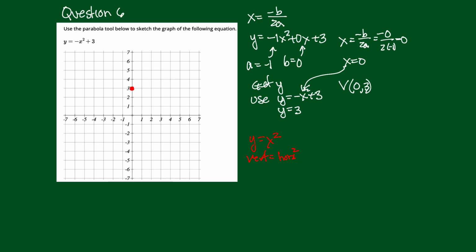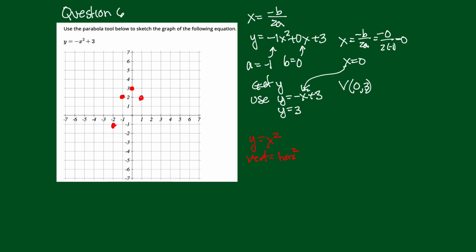So over here on my graph now, if I move horizontally one unit either direction, 1 squared is 1, but I'm going down. So I'm going to use this as over 1, down 1, over 1, down 1. Now, go over 2. So if I went over 2 to the left, square it, down 4. All right, down 4 puts me here. Over 2, down 4.